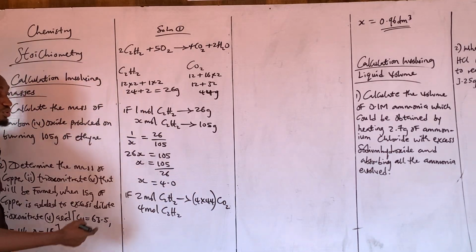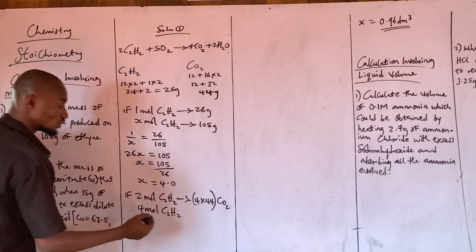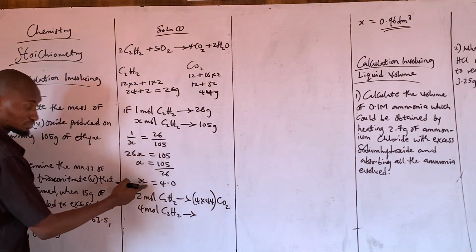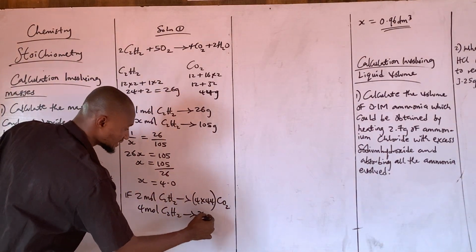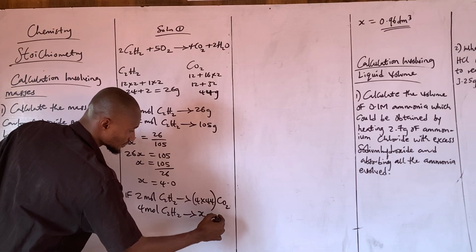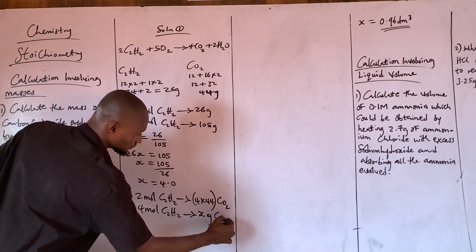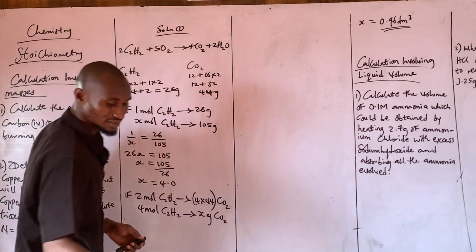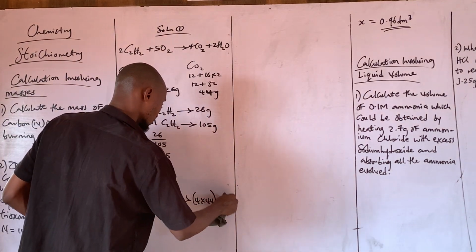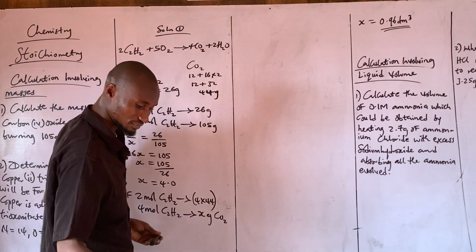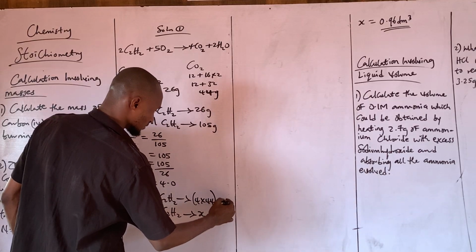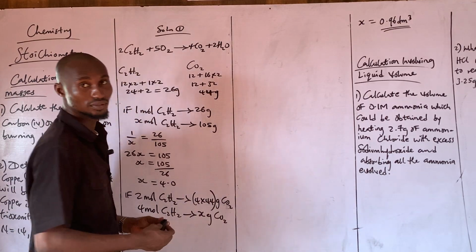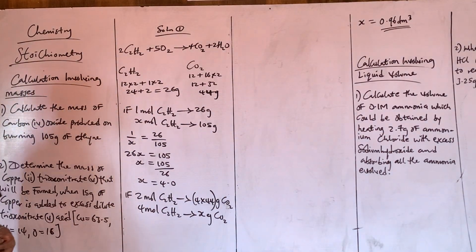If 2 moles of ethyne produce the 4 mole we obtained here, we produce x gram of carbon dioxide, because this one now is in gram. Do you get the point now? Yes, sir. Do you understand now? Yes.